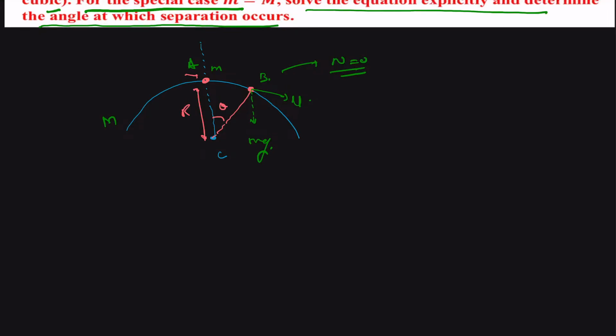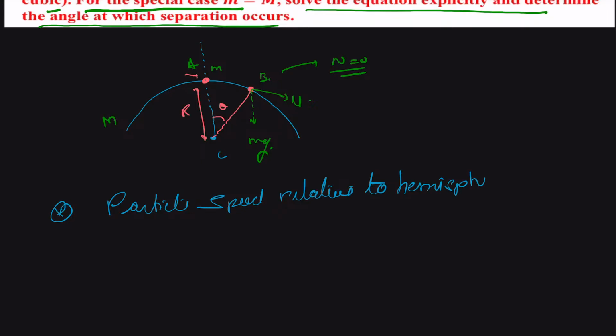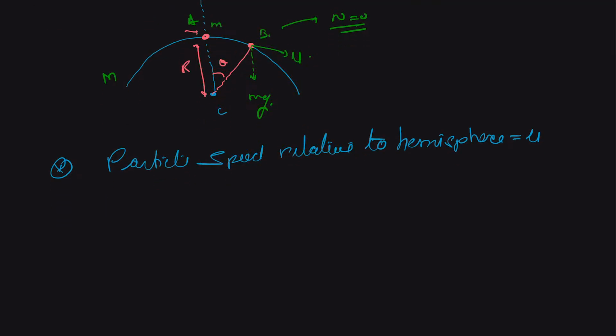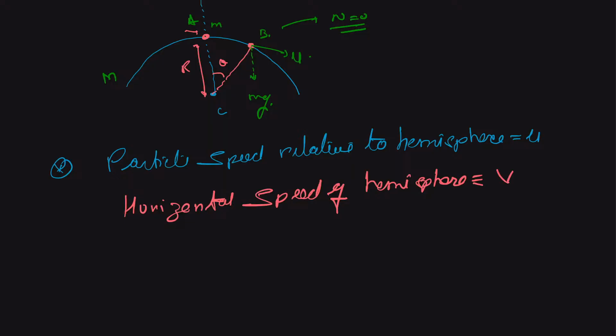So let us denote the particle speed relative to the hemisphere as u, and the horizontal speed of the hemisphere is, let us suppose, given as capital V.